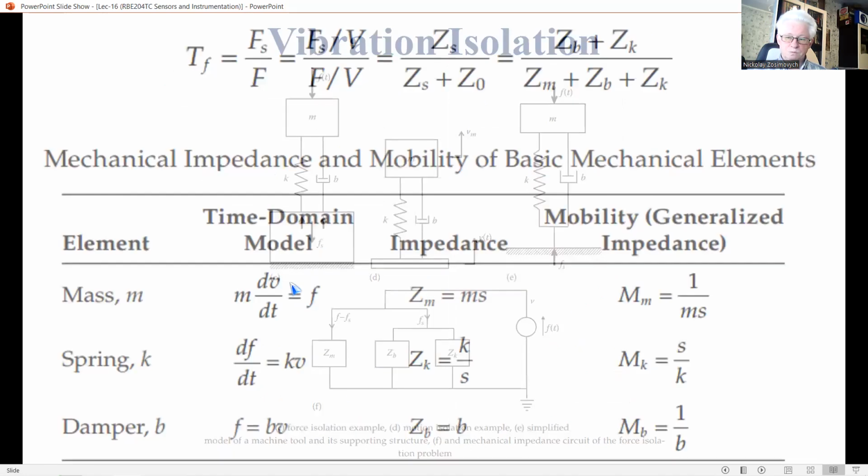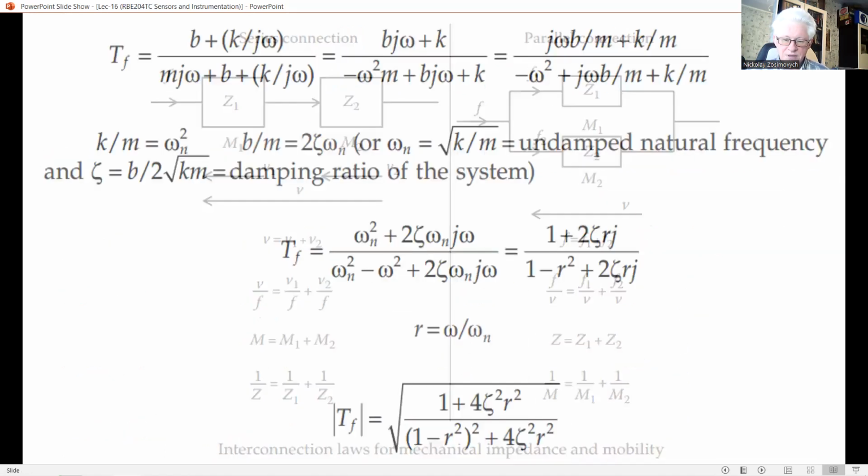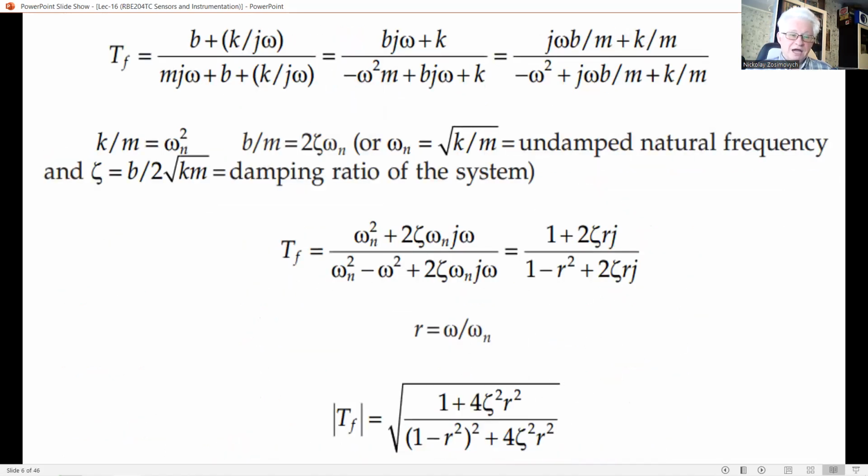Okay, so we get this first equation on the top. This expression is obtained by dividing the numerator and the denominator by K.